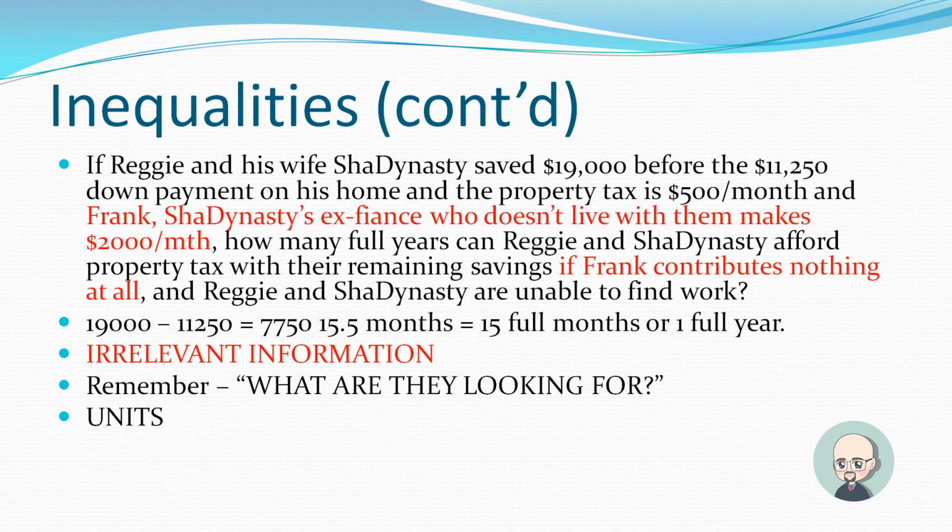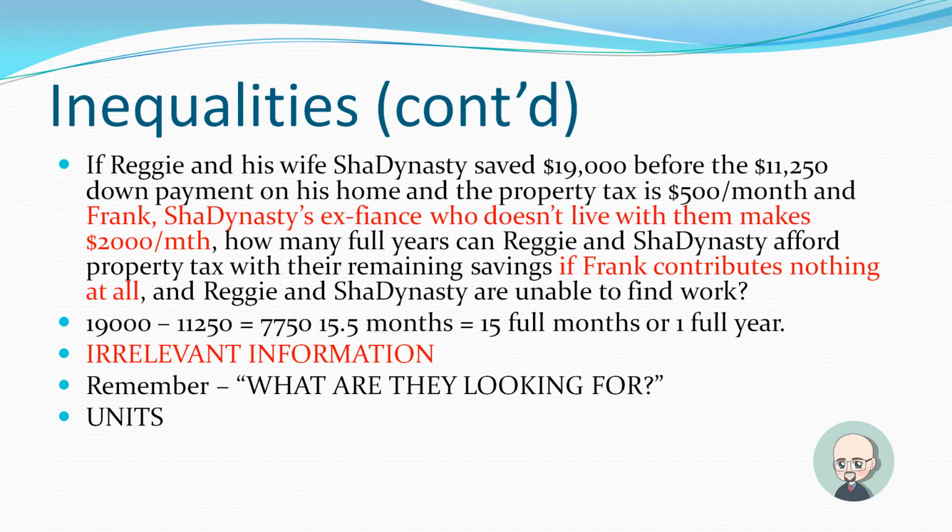If Reggie and his wife Dynasty saved $19,000, so they have $19,000, before the $11,250 down payment, so $19,000 minus $11,250, they have $7,750 after that. And the property tax is $500 a month.